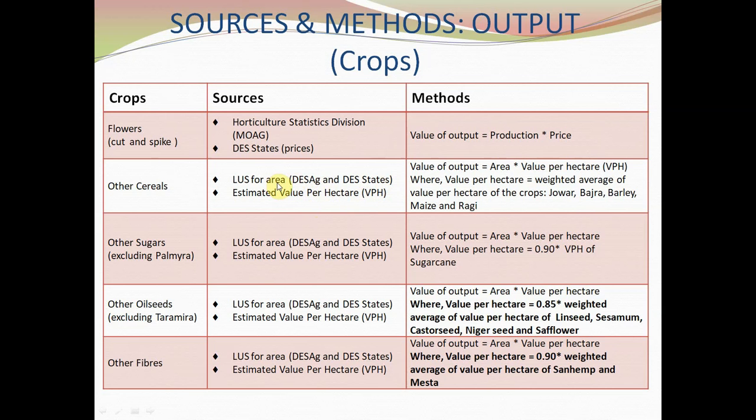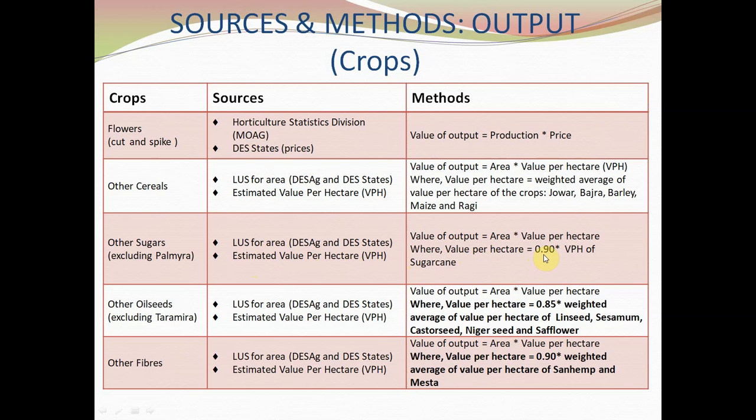Also for area, we are using estimated value per hectare, where value per hectare is weighted average of value per hectare of crops which are jowar, bajra, barley, maize and ragi. In case of other sugars, excluding palmyra, the same land use statistics is used for area and estimated value per hectare is used for pricing.